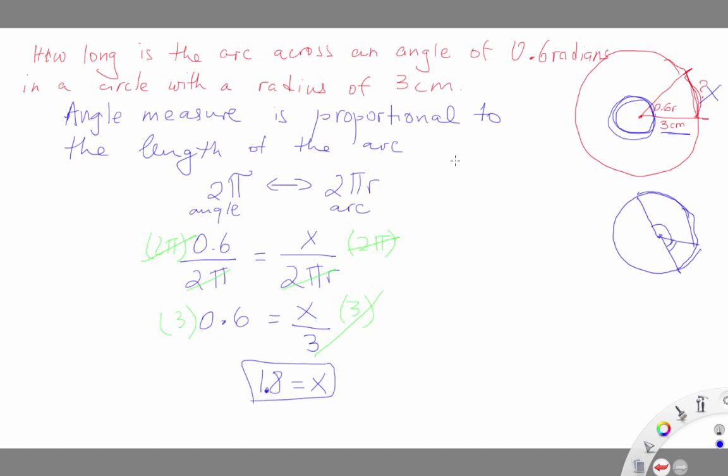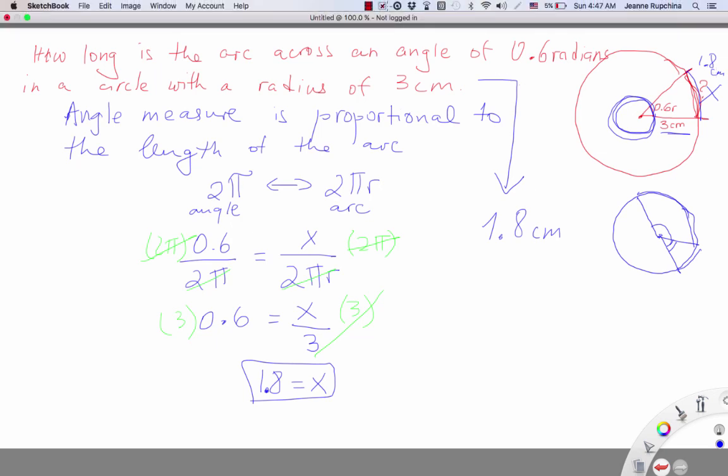So the answer to this question is the arc length is equal to 1.8 centimeters. So this thing over here is 1.8 centimeters. Okay? Now you're going to do a couple of problems like this on your own, and then you're going to apply them to something from the real world.